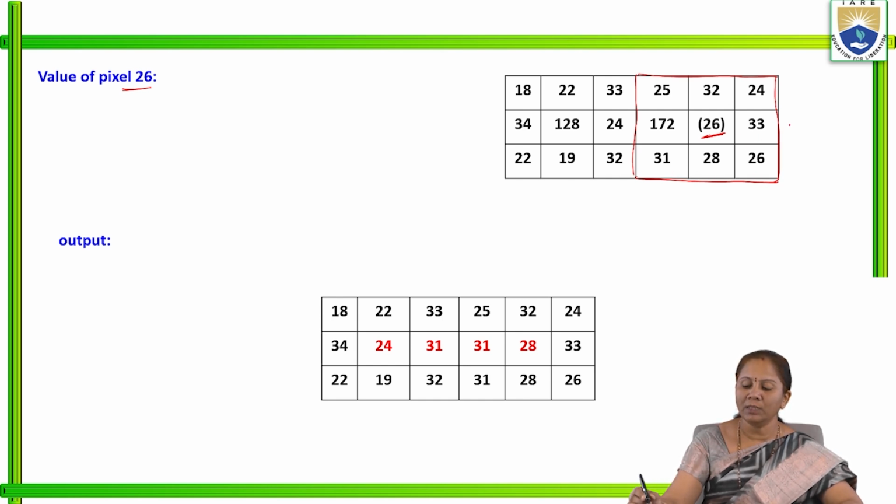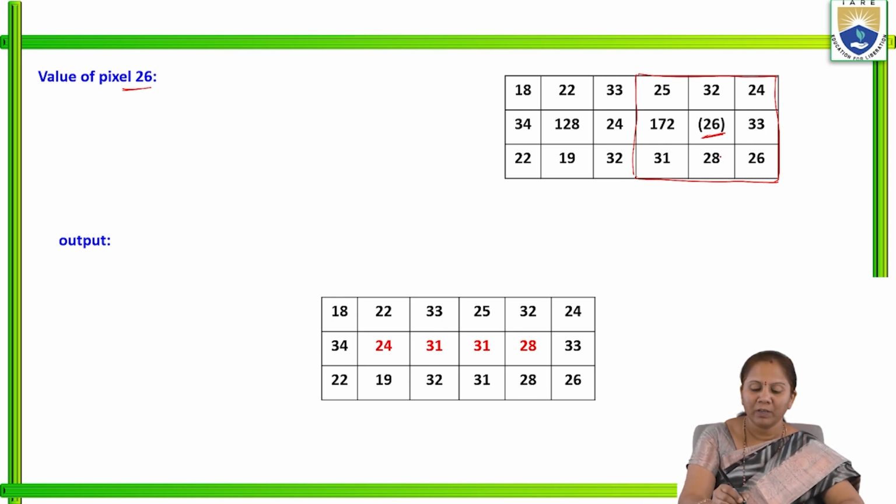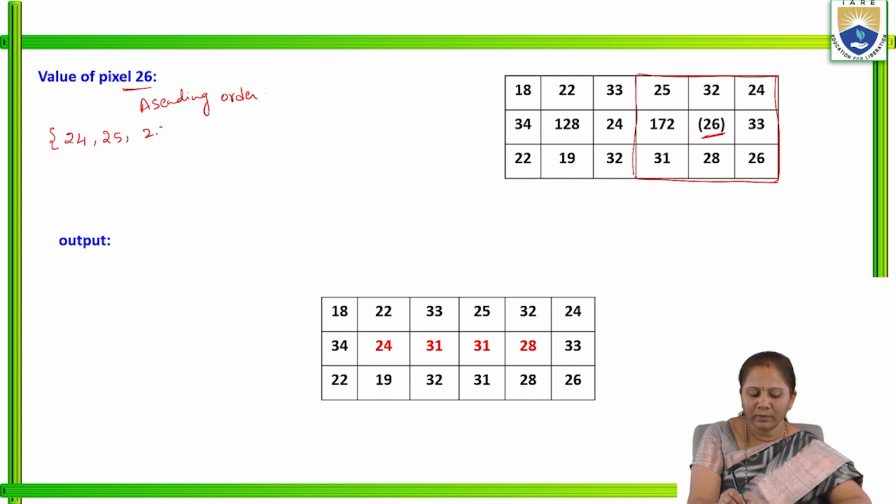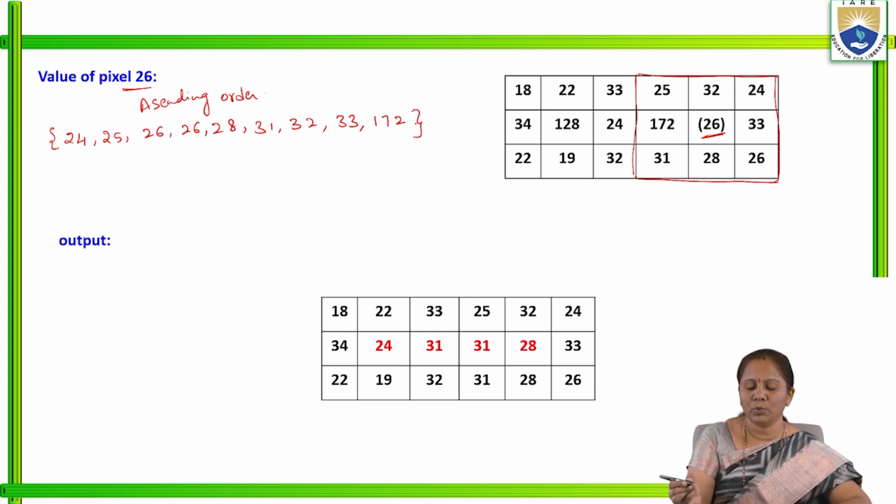Now considering all these pixels under the mask, first we have to write all of them in the ascending order. So arrange all the 9 pixels in the ascending order. So we will get first one 24, 25, 26, 26, 28, 31, 32, 33 and 172.